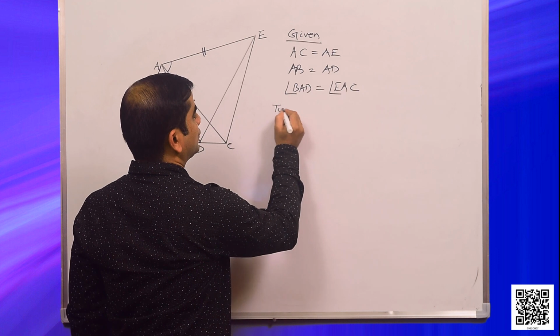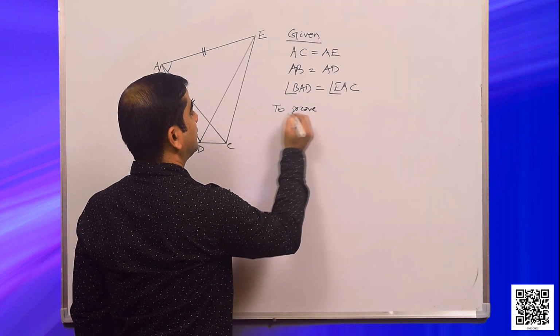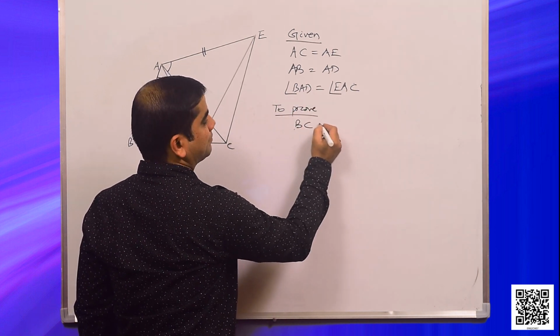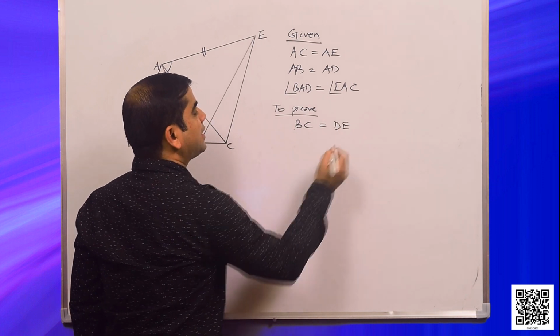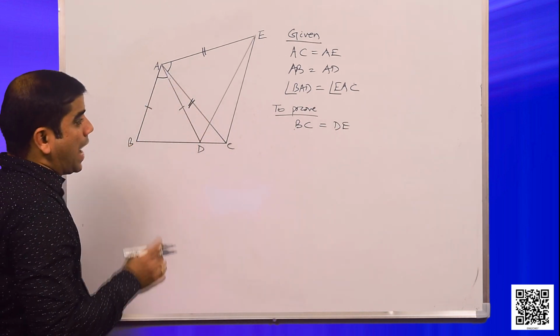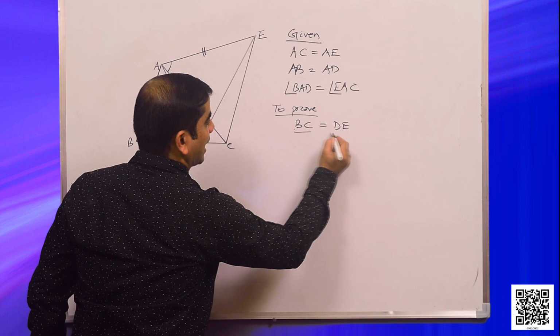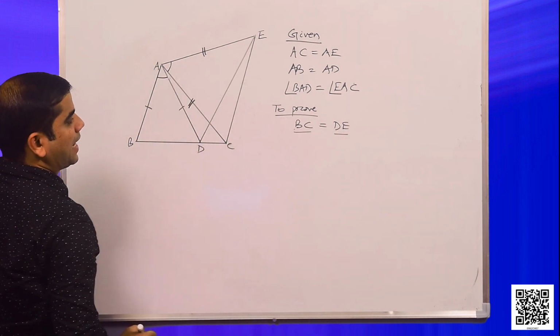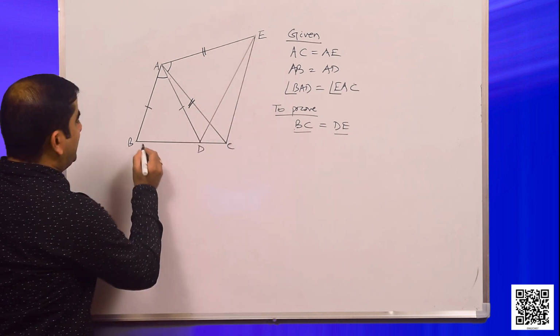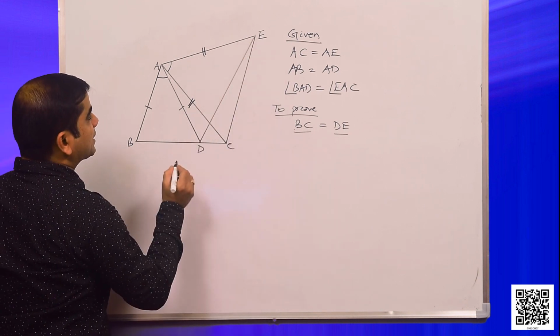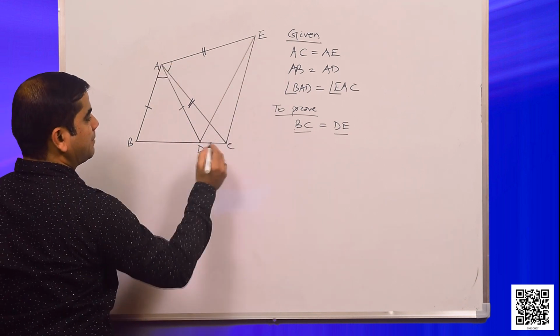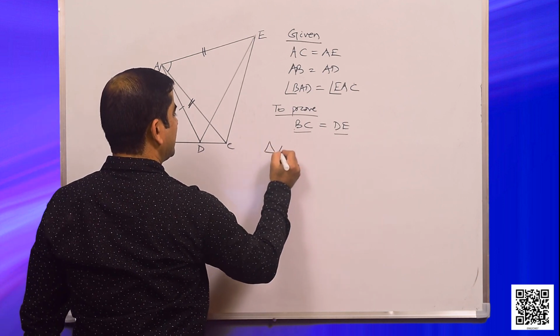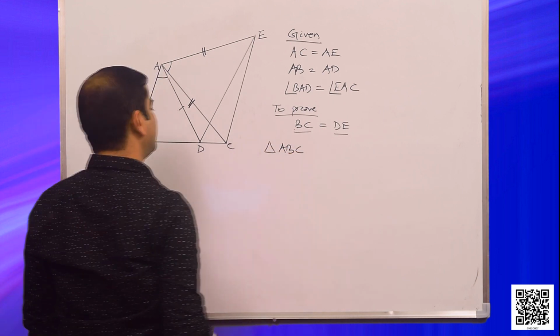So, to prove BC is equal to DE, let us first check where these two sides lie. BC is one of the sides of triangle ABC.